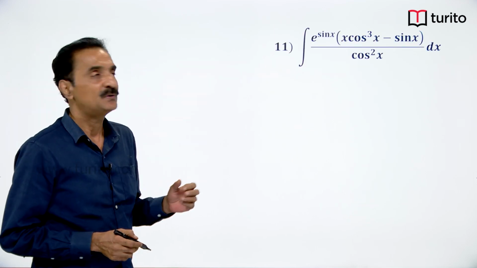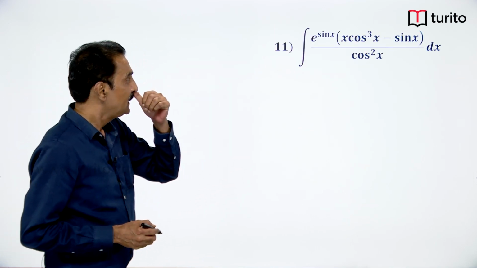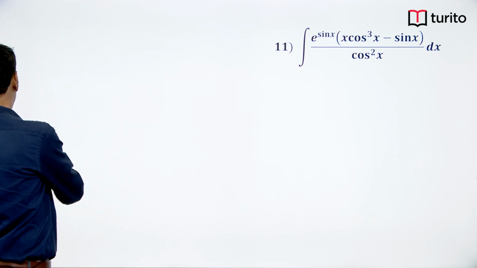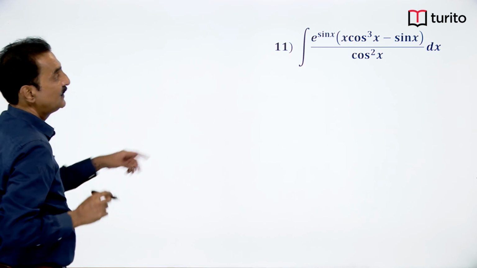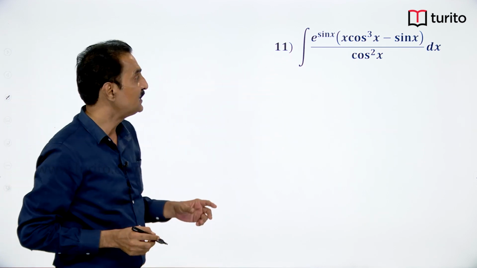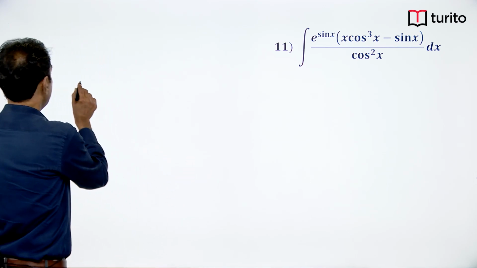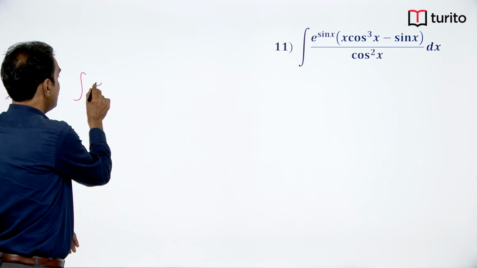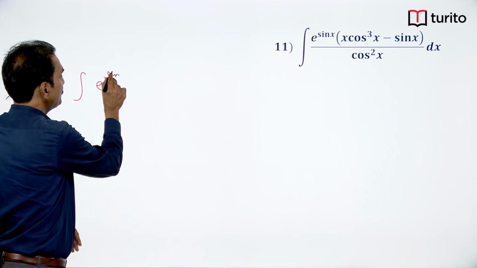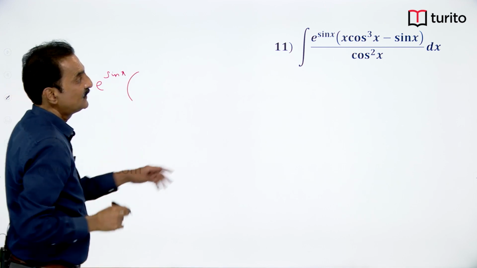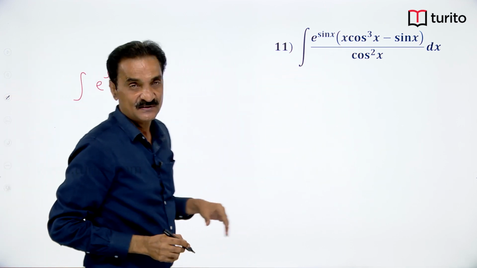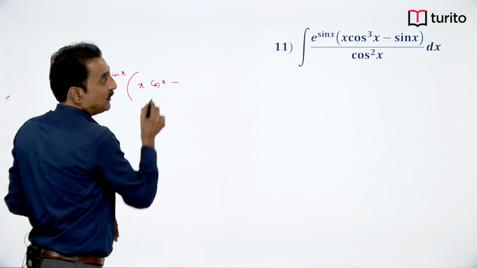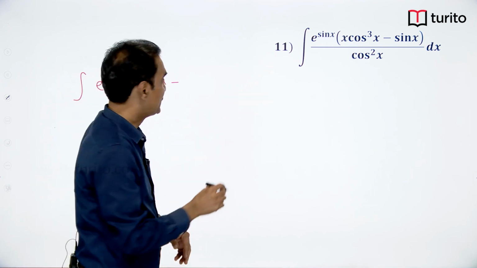Now, I am proceeding to the next question. Integral e power sin x into x cos cube x minus sin x upon cos square x. I will separate cos square x: e power sin x into x cos x minus sin x by cos square x.